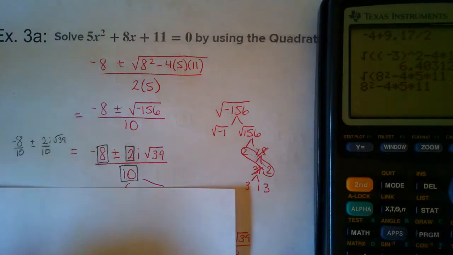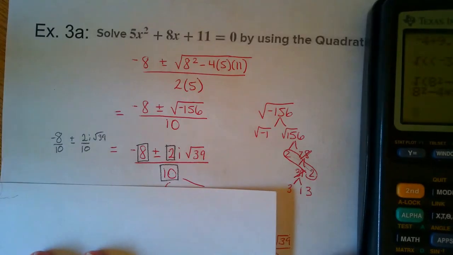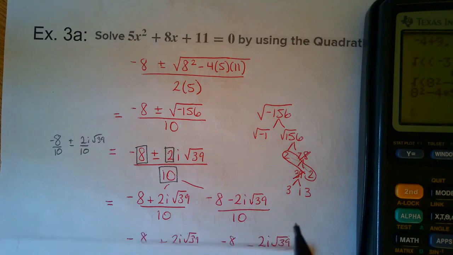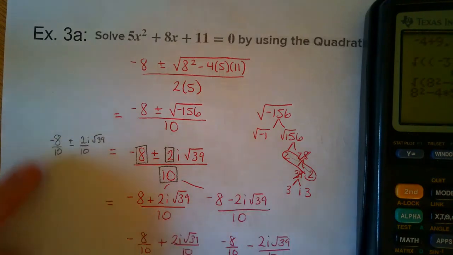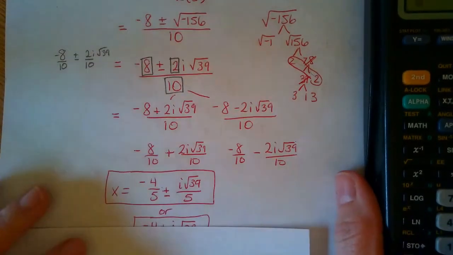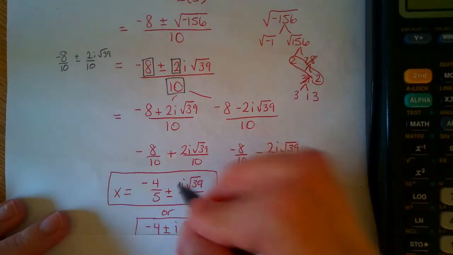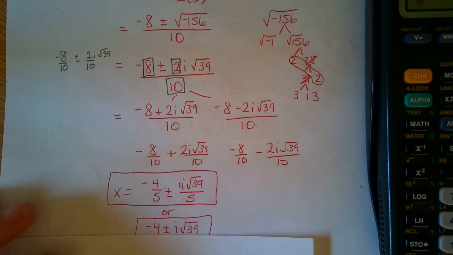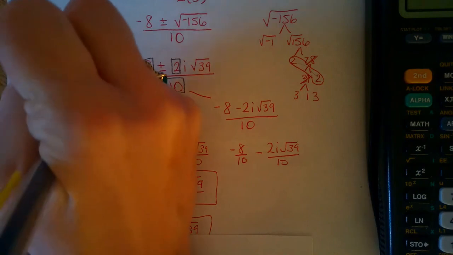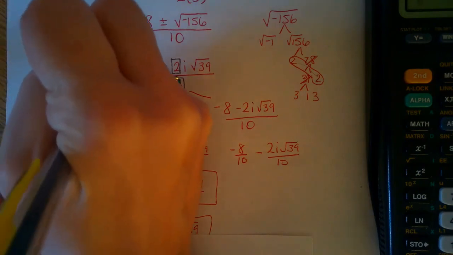Remember, you have to check if you can simplify those fractions. So 8/10 does reduce, and so that is why I changed it to 4/5. And 2/10 also reduces to 1/5.